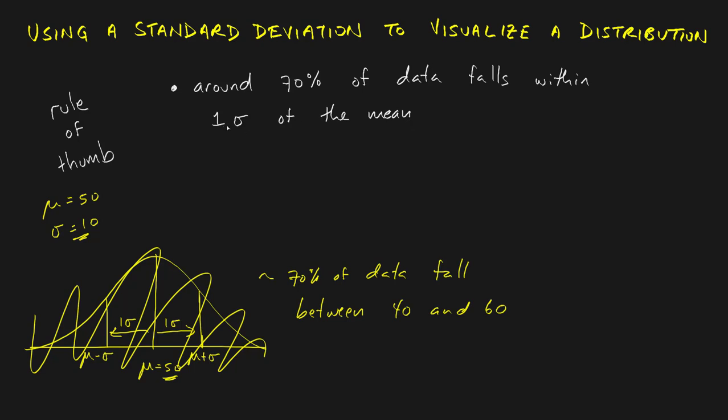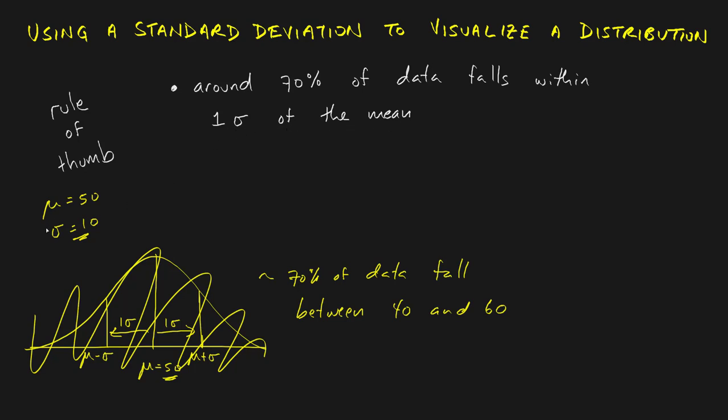This tells us that a standard deviation accounts for most of the variation that you'll find in a population. Most data points are going to be different from the mean, but they're not going to be that different. Most of them will be clustered close to the mean. So they're not going to be exactly equal to the mean, but they will be close. They'll be within about one standard deviation.